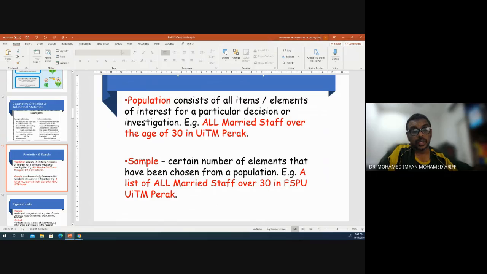Okay, so katakan di Seri Iskandar ada dalam 500 orang, okay lah, sajalah ambil 500 lah. 500 orang staff yang berumur 30 ke atas yang dah berkahwin. That's population. So sampelnya ialah kita ambil hanya daripada FSPU. So this is one type of sample lah.